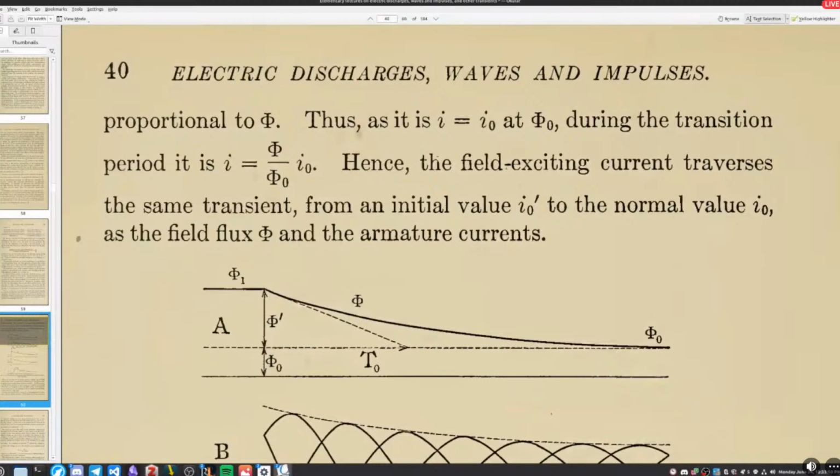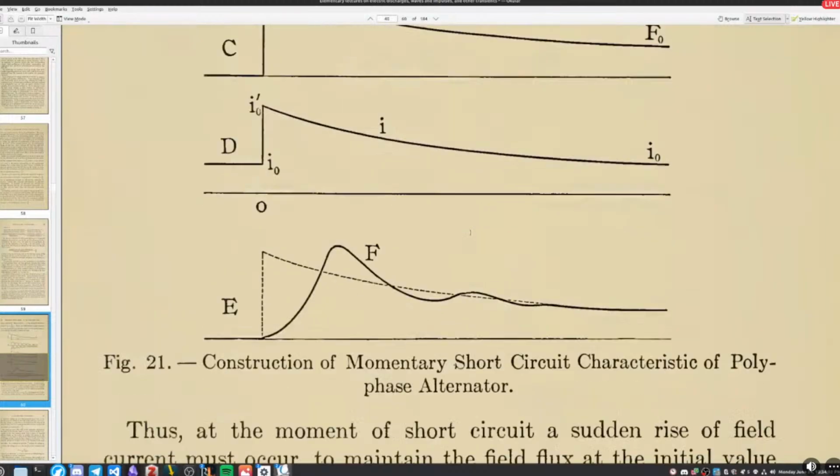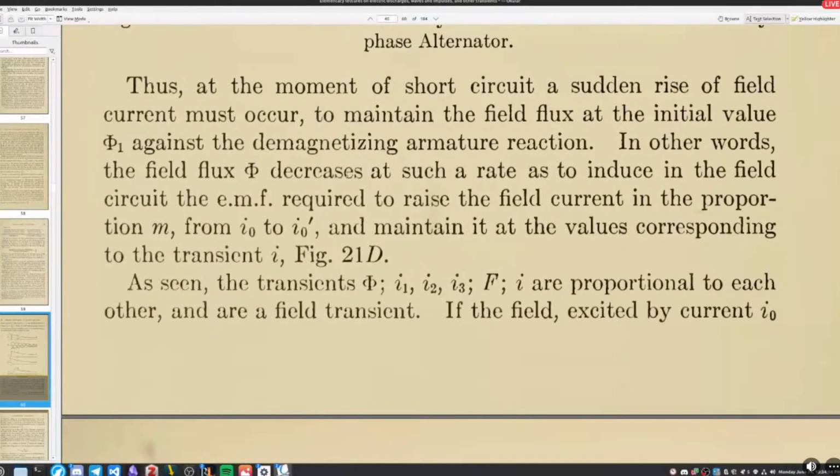Hence, the field exciting current traverses the same transient, from an initial value I0 prime to the normal value I0, as the field flux phi and the armature currents. Thus, at the moment of the short circuit, a sudden rise of the field current must occur to maintain the field flux at the initial value phi 1 against the demagnetizing armature reaction.